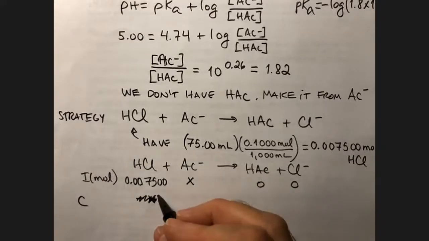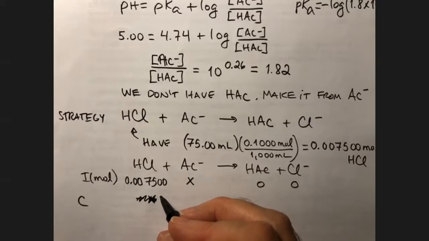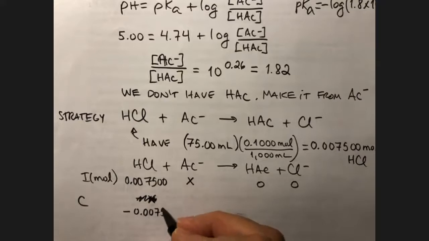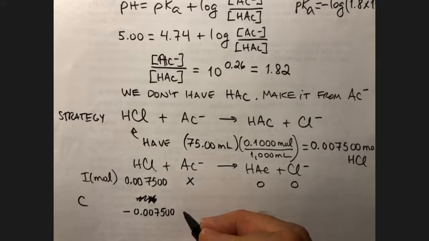The idea here is that all of the HCl here is going to react, right? Because I don't want any HCl left over at the end. This one also, let me put parentheses here so we don't get mixed up.